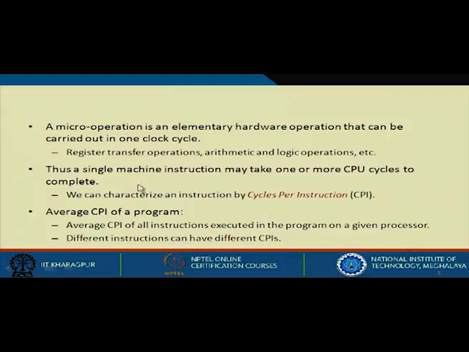Thus, a single machine instruction may take one or more CPU cycles to complete. We can characterize an instruction by cycles per instruction. What do you mean by cycles per instruction? As I said, an instruction is divided into some basic operations.